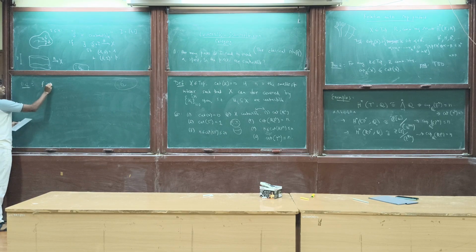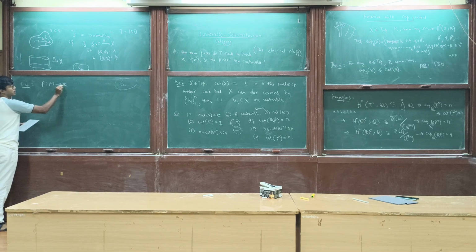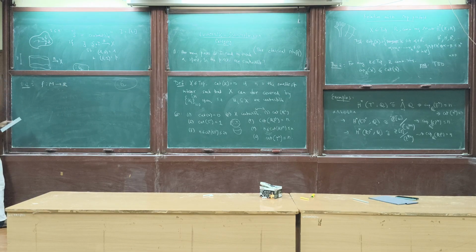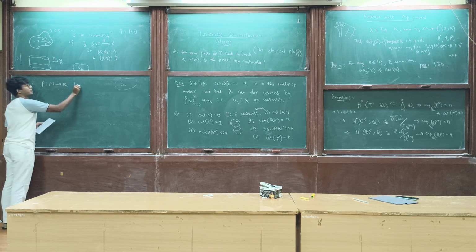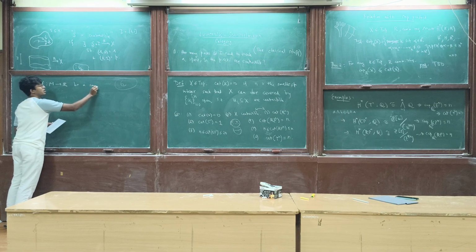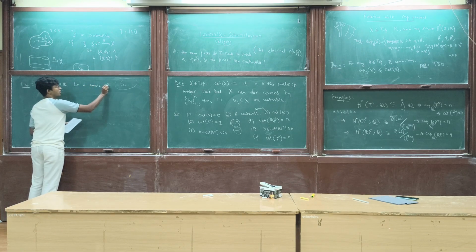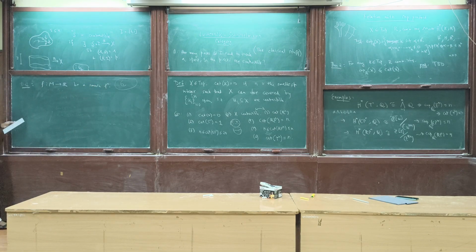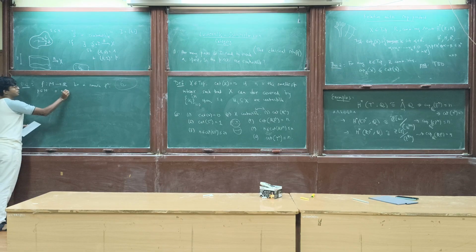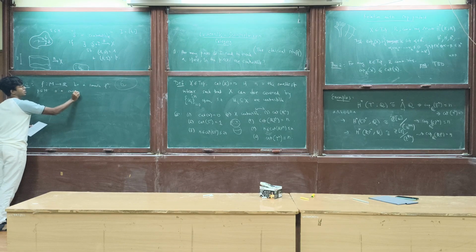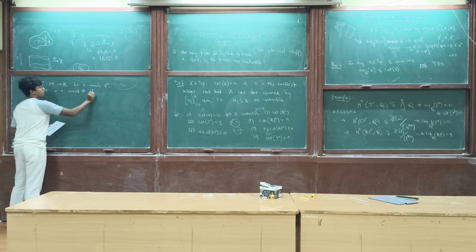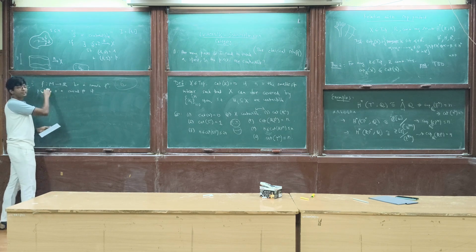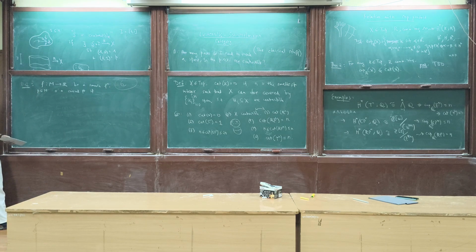Let f from a manifold to the real numbers be a smooth function. Any point P is a critical point if the derivative at the point P is 0.